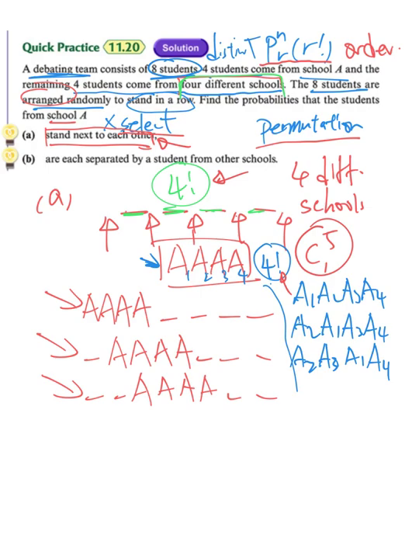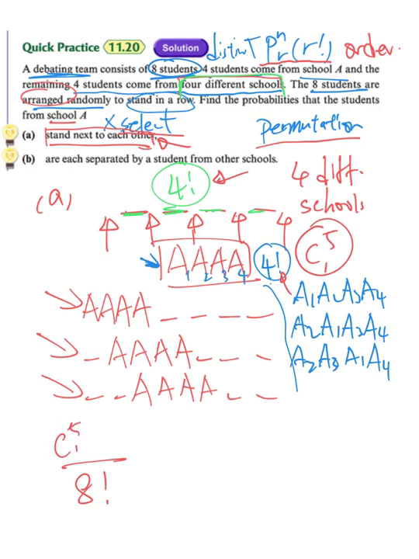So in part A, of course the denominator is very easy. Not 9 factorial, sorry. We have 8 students without any restriction, so it's basically 8 factorial. For the numerator, just consider those 3 mechanisms.